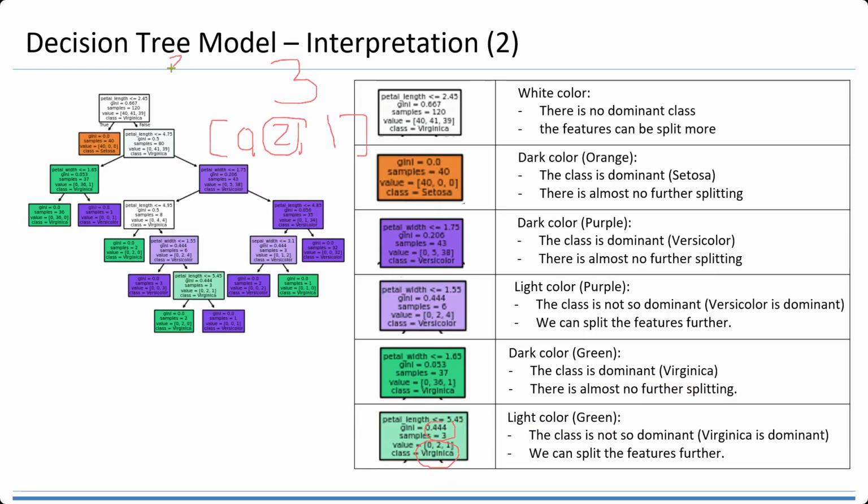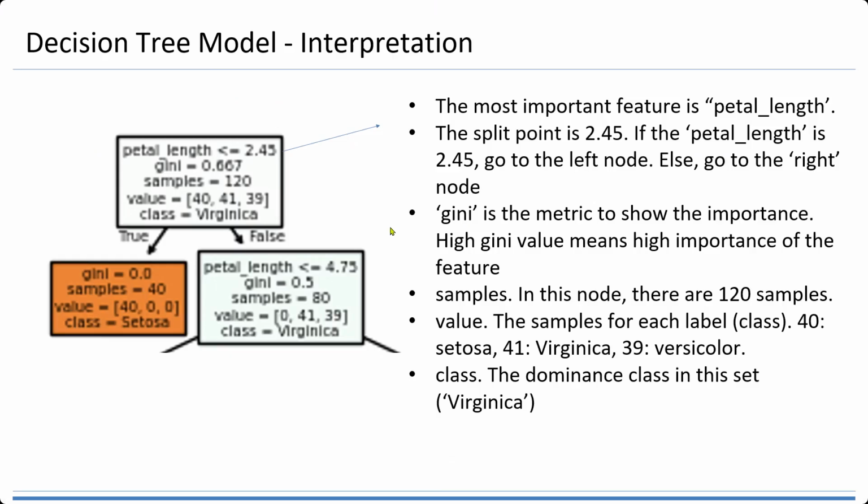It means from 3 data, 2 of them are Virginica, and 1 of them is versicolor. If there is still remaining like this one, sometimes we can still split. Sometimes it depends on the number of the data remaining in this section.